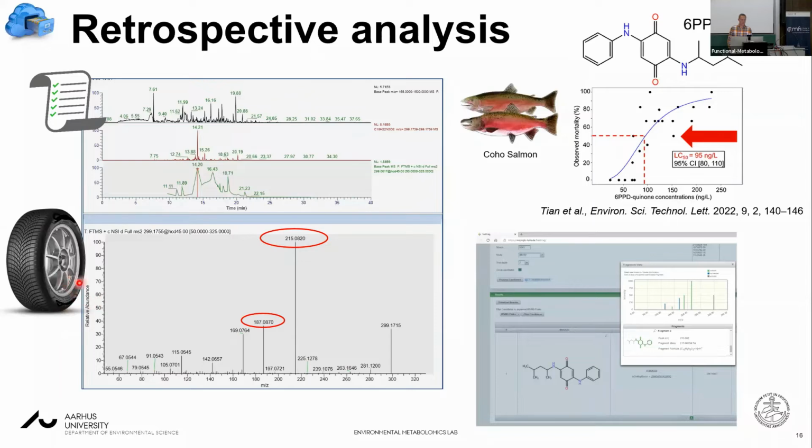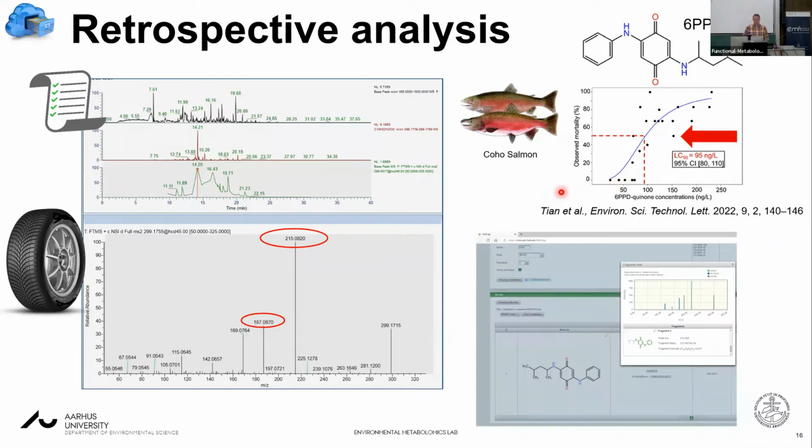This substance is being used as an additive in tire production, and that's not so good if you are a salmon or a trout living in rivers near roads, because it has been found that the lethal concentration of this substance is around 95 nanograms per liter. So they asked, is this substance in our river waters, and what's the concentration and so on.